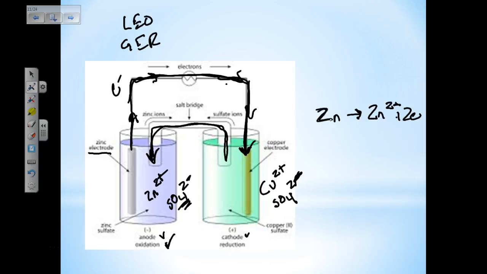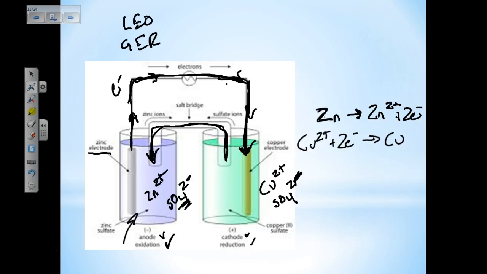That's that reaction. And now copper is the reduction reaction. Reduction is gaining electrons, so you're going to have Cu2+ plus 2 electrons going to copper. Now those are your half reactions.